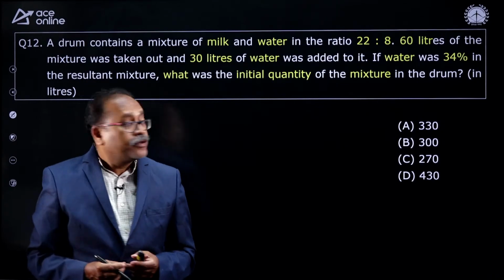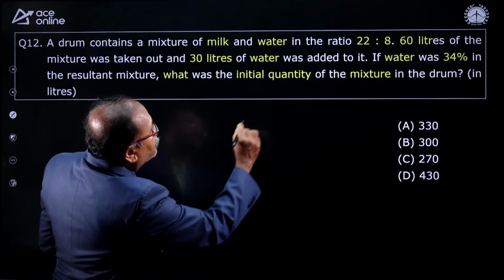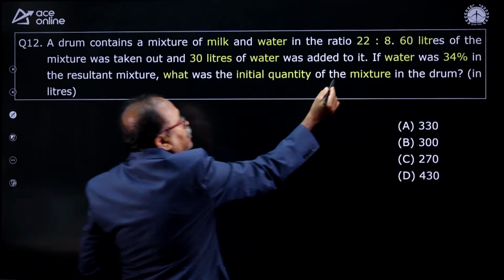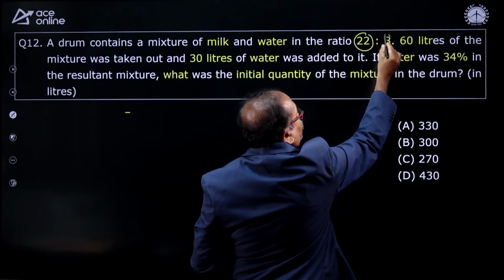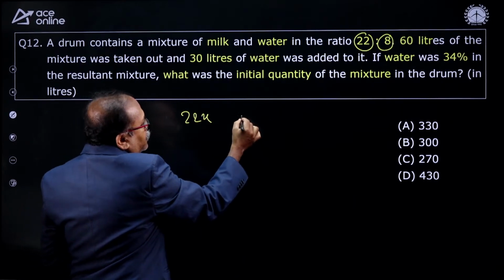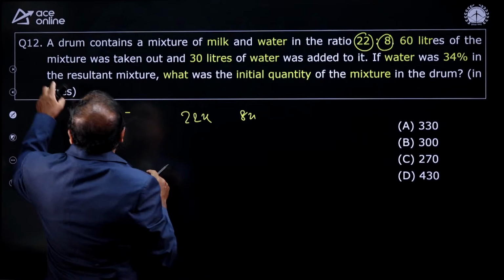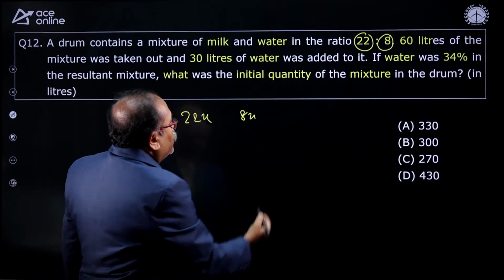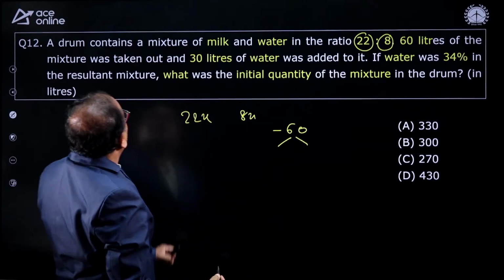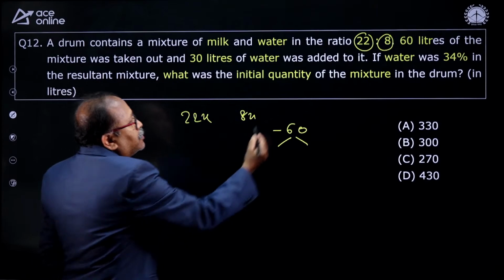Okay. Over. So here, I notice that I can consider this as 22x and 8x. Let the ratio be in the same way, 22x and 8x. So 60 liters of mixture was taken out. When you take out the 60 liters of mixture, how much milk and how much water?